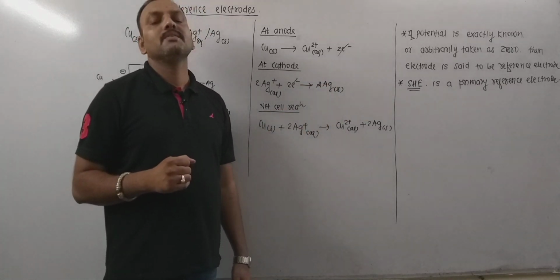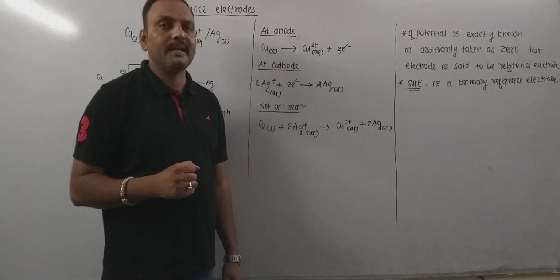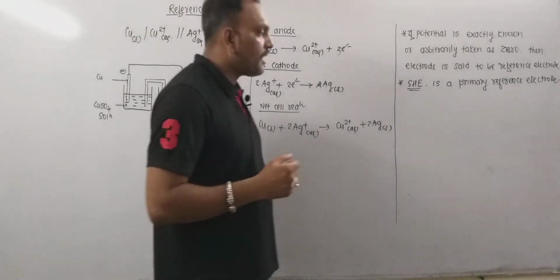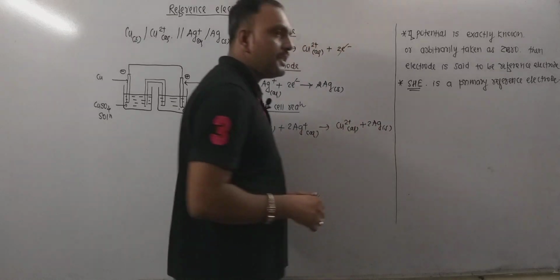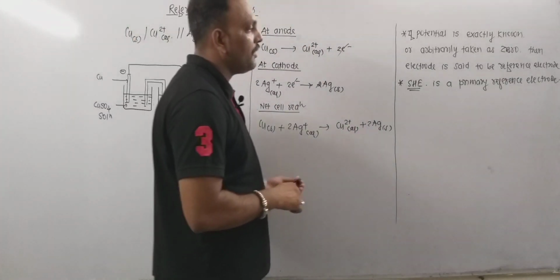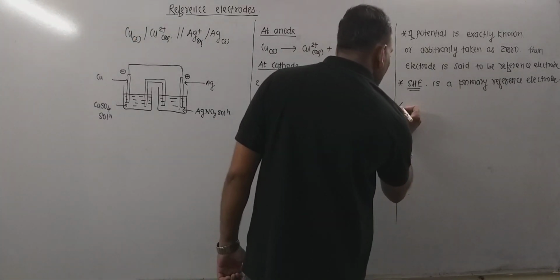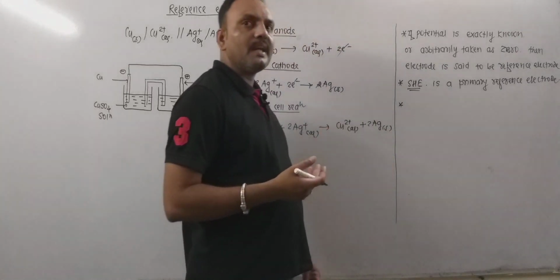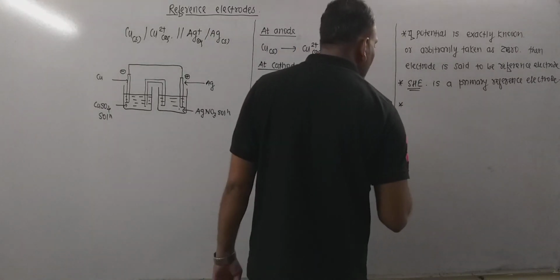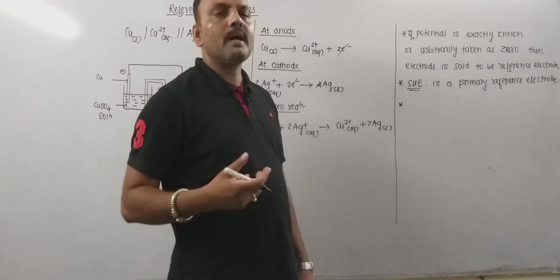In this way, single electrode potential can be determined experimentally. Now there are certain difficulties in setting up the standard hydrogen electrode. Thus other reference electrodes, which we call secondary reference electrodes, come into play.